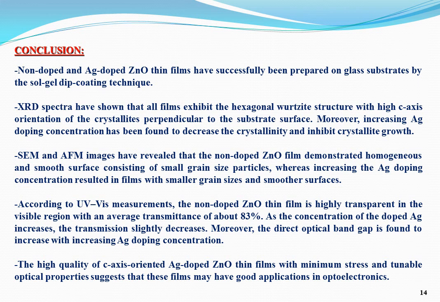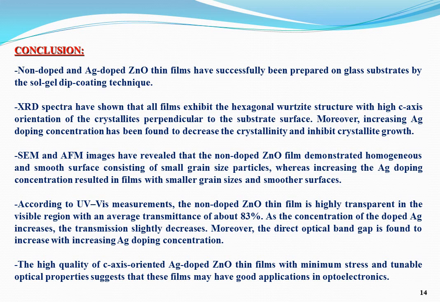Conclusion: non-doped and silver-doped zinc oxide thin films have successfully been prepared on glass substrates by the sol-gel dip coating technique. X-ray diffraction spectra have shown that all films exhibit the hexagonal wurtzite structure with high c-axis orientation of the crystallites perpendicular to the substrate surface.